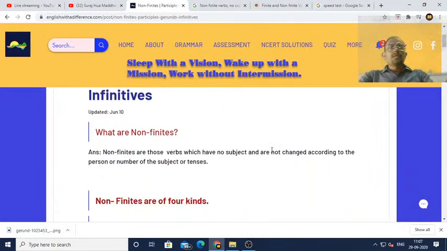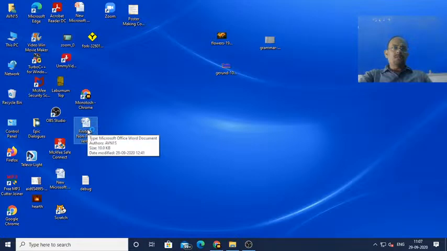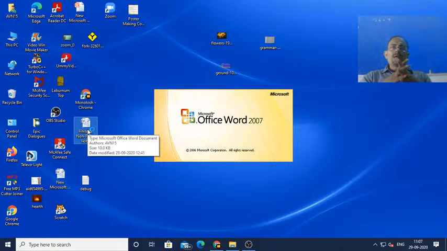So dear students, finite verbs are those verbs which agree with the subject. The verbs which agree with the subject in number and person are called finite verbs.